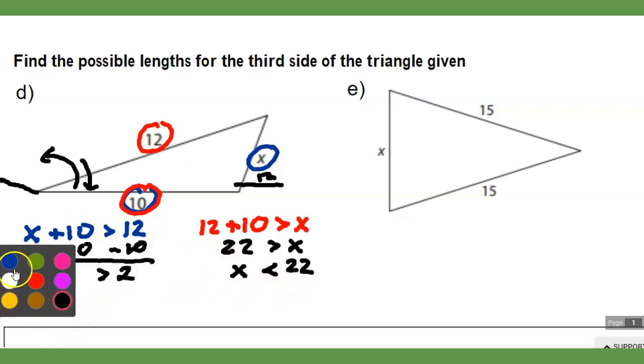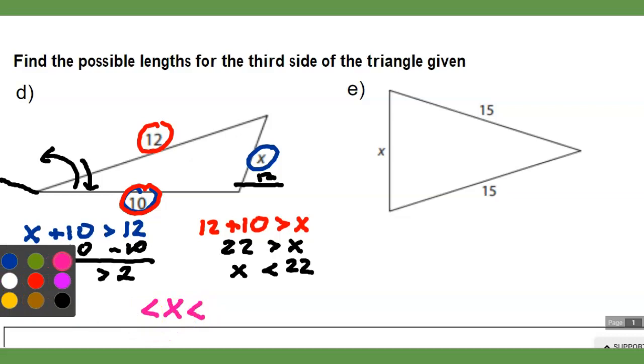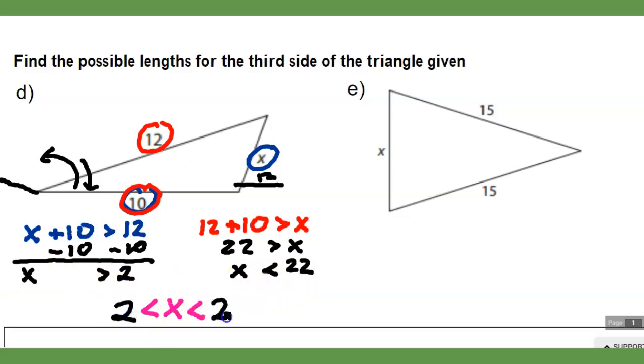Now, you might have come across this last year in algebra, there's a special way that we write the between. So when an answer is between two numbers, we use this format. Less than, x, less than. Those are two less than signs with an x. And then we put the smaller number on the left, the bigger number on the right.